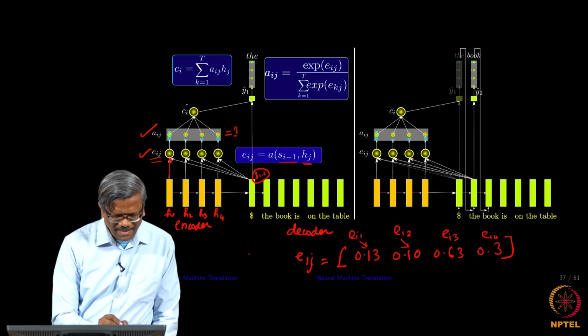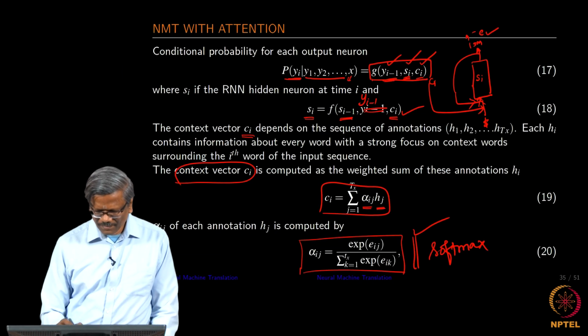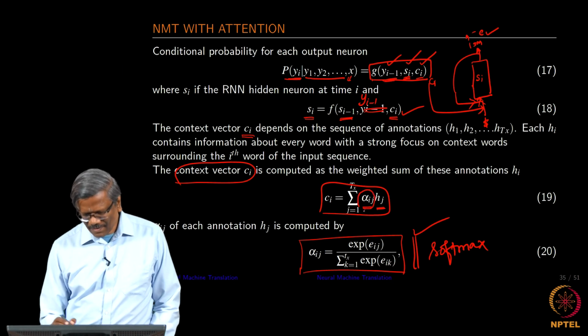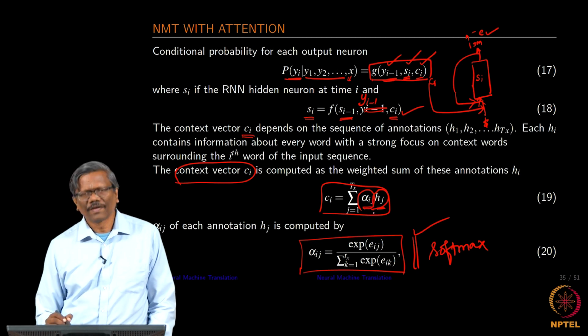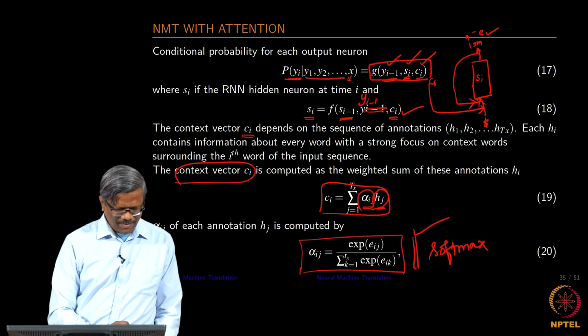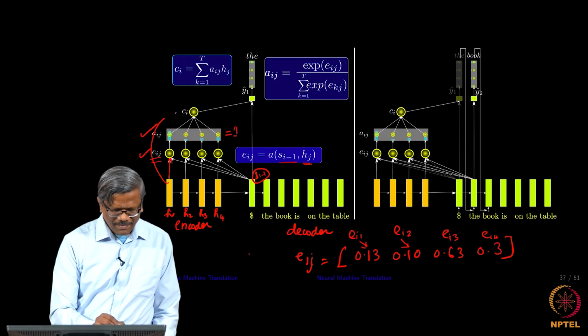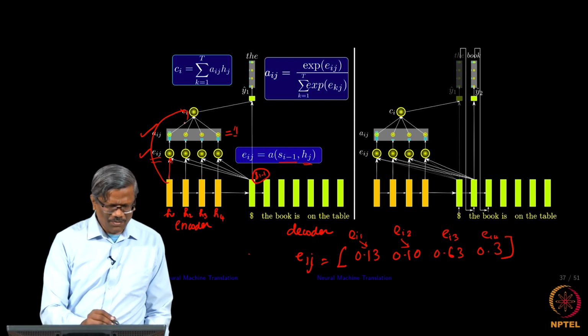So this Cij is nothing but the weighted sum of these values and the input state. Okay, so now we take this and then use this. So this is one way of doing it.